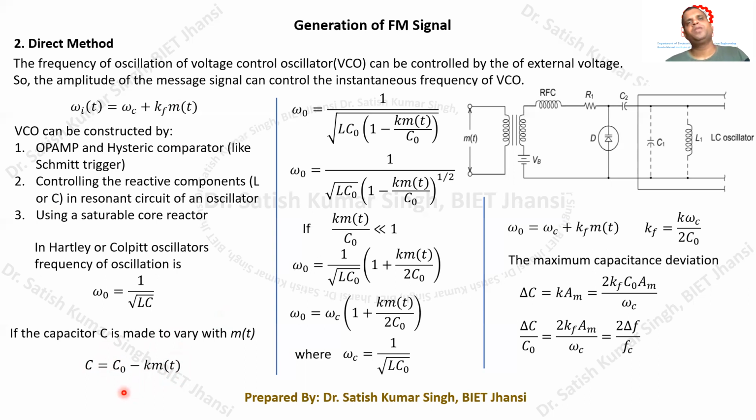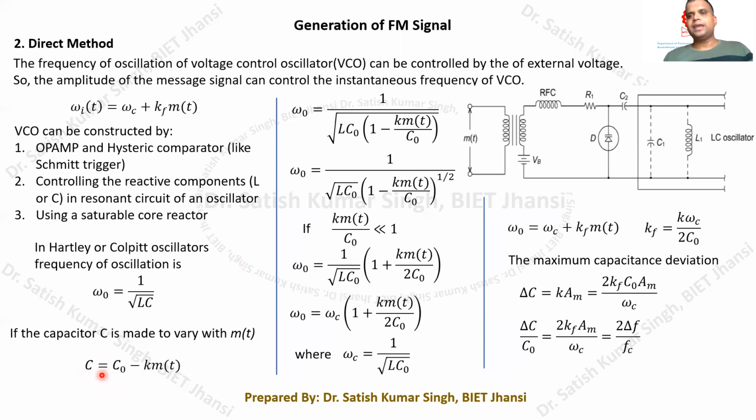Obviously in the varactor diode, when the reverse bias is increasing, the magnitude of the capacitance is also going to increase. Similarly here, in this expression, C equals C naught denotes that when the message signal m(t) equals 0, the capacitance offered by this circuit will be equal to C naught.